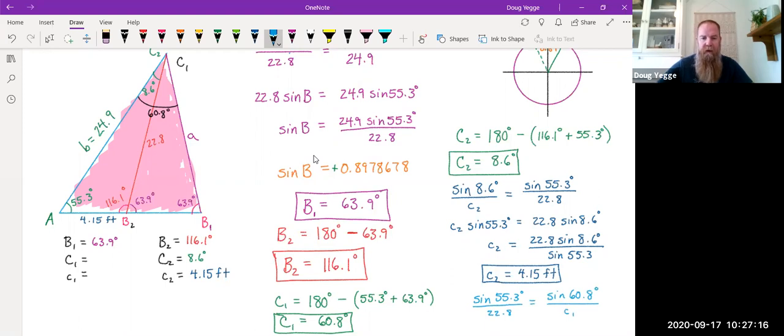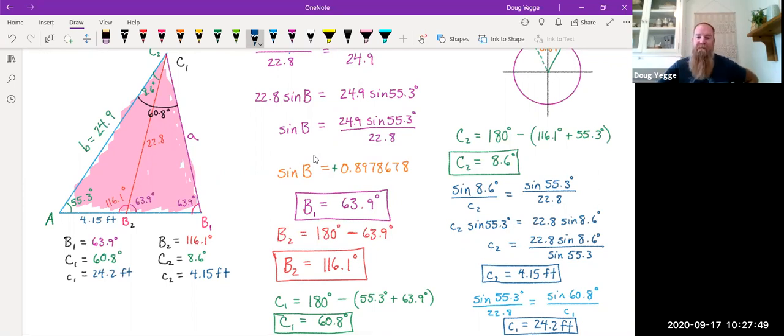And now we're calling that opposite side C1. If we work through the actual algebra by cross multiplying, we would find that C1 is 24.2 feet. Okay, and that means that we filled in the rest of our triangle.